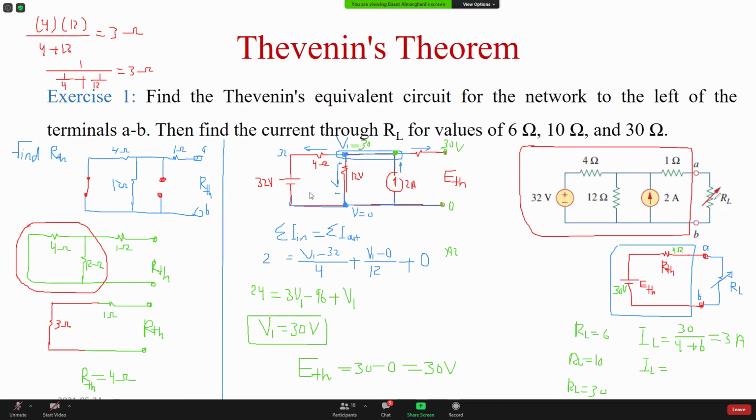So in the simple circuit, it's very easy to find the current. Now, if it's this circuit and someone says, okay, find the current when RL is 10, then it's a problem. You're going to spend a lot of time doing the analysis. But the simple circuit, the equivalent circuit, this is actually the Thevenin equivalent circuit.